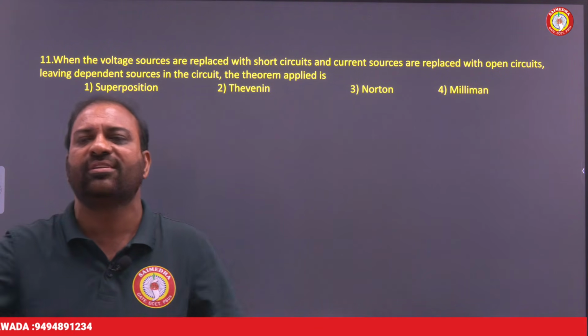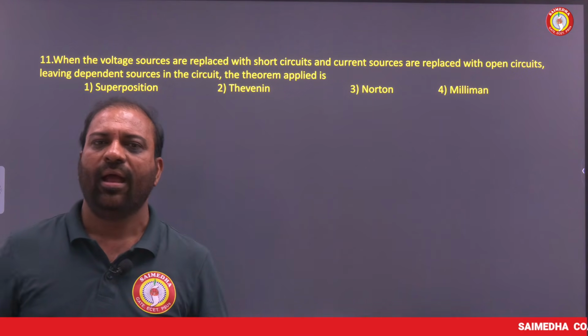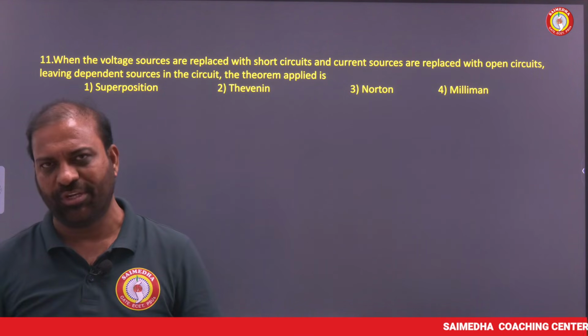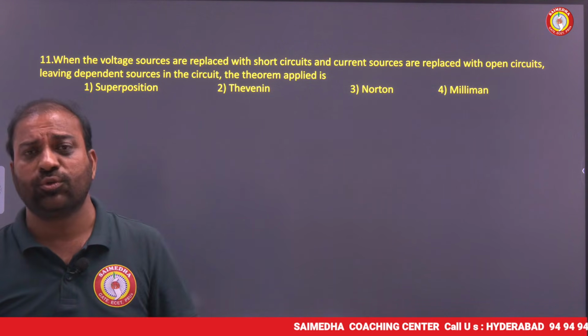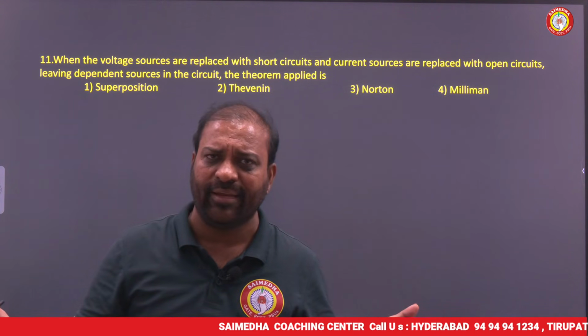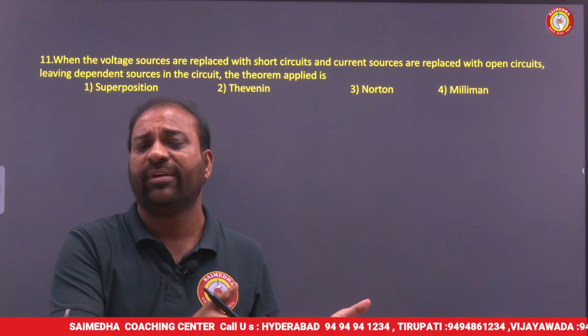For example, if the given circuit has 3 sources, I will keep source 1 and deactivate source 2 and source 3. Afterwards, I will keep source 2 and deactivate source 1 and source 3. And after that, I'll keep source 3 and deactivate source 1 and source 2.